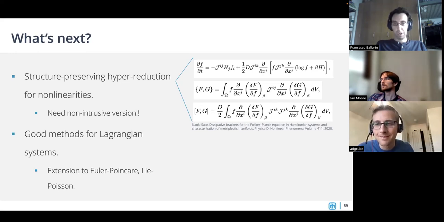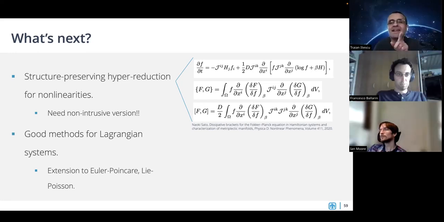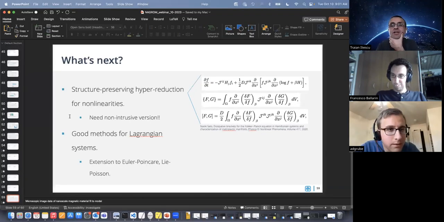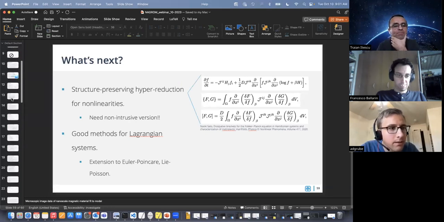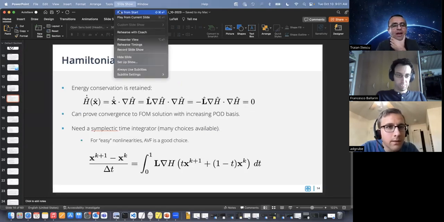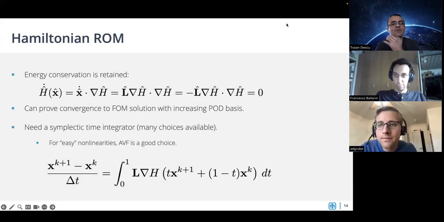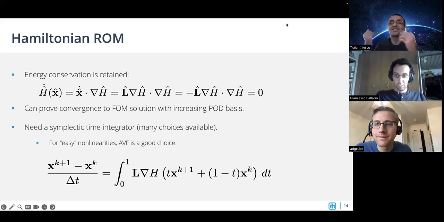Okay, thanks. So Tryon apparently has a second question or a third one. I do. I'm not sure, I lost count. I will make it short. So on slide 14, you're talking about Hamiltonian ROMs, and you're proving, right, and you said something about a convergence with respect to the dimension, which I like very much, given the title of the seminar.